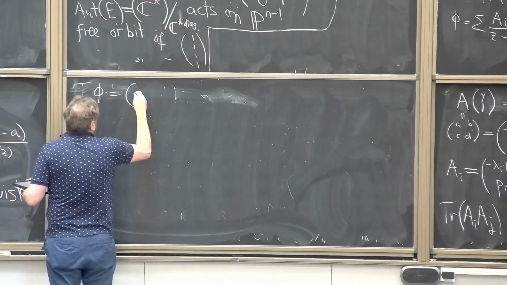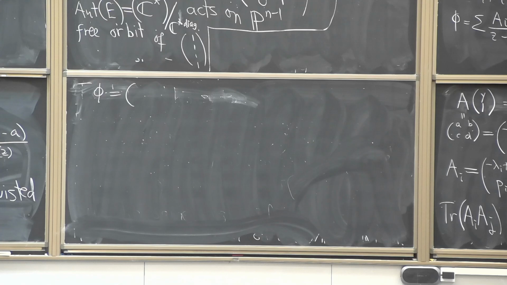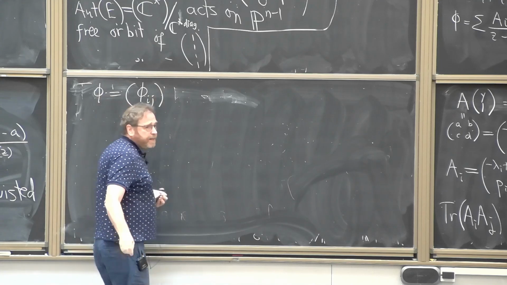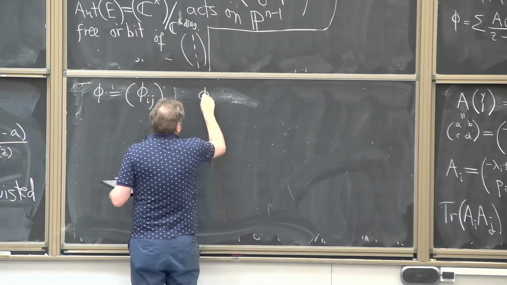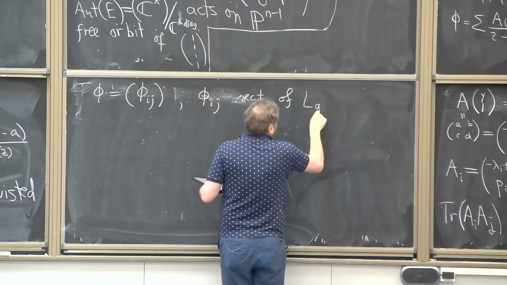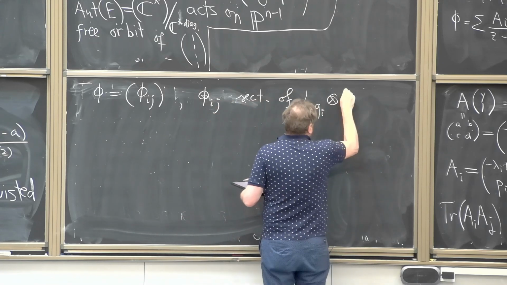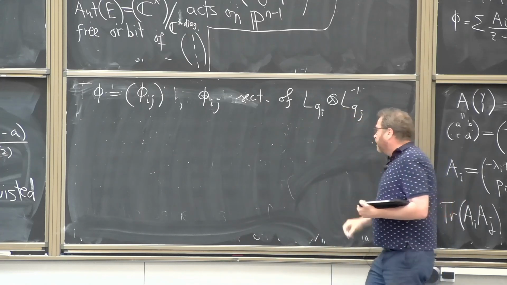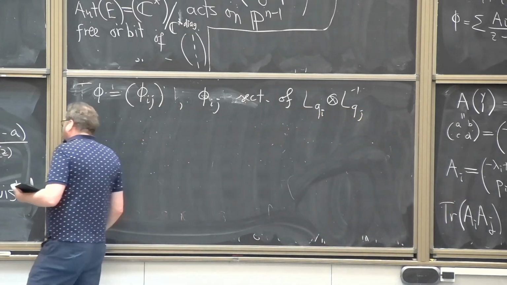If I realize these bundles as trivial bundles outside of the origin by using these functions, I can think of phi as a matrix phi_ij, where phi_ij is a section of L_{q_i} tensored with L_{q_j} inverse.